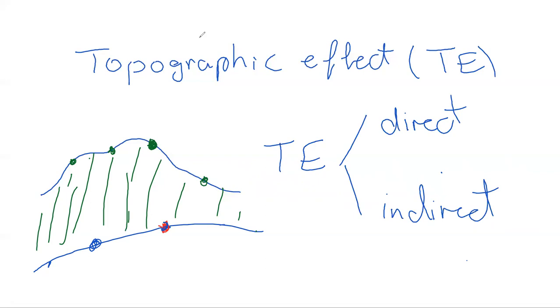Direct effect is the effect on the data directly, on the gravity anomaly, and we correct them to come to the geoid. Good. An indirect one is on the computed result.